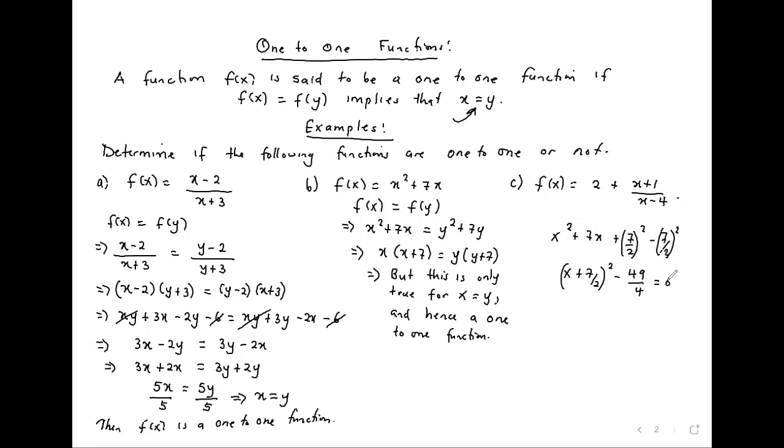If you set it to 0 to get the values of x, the x-intercepts, we'll get the square root of 49/4, which is plus or minus 7/2. So x is going to be -7/2 plus 7/2, which is 0, or -7/2 minus 7/2, which is -14/2, which is -7.